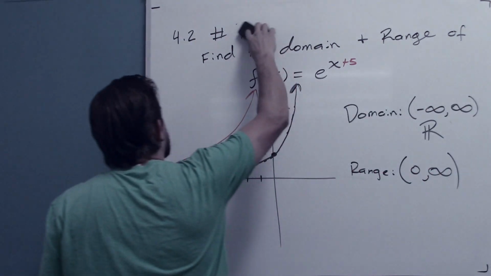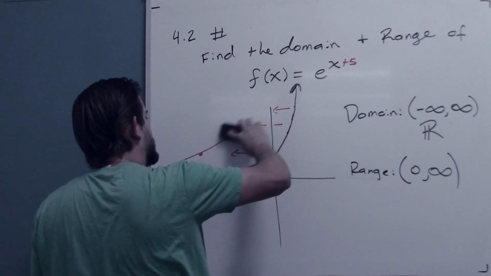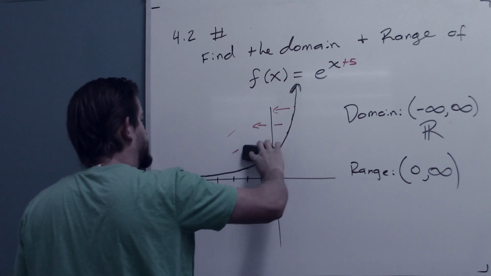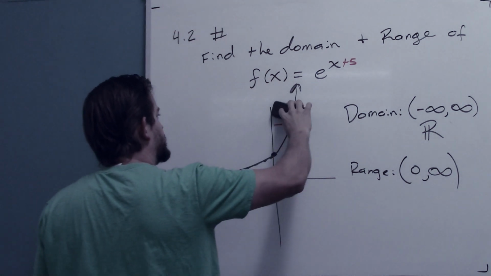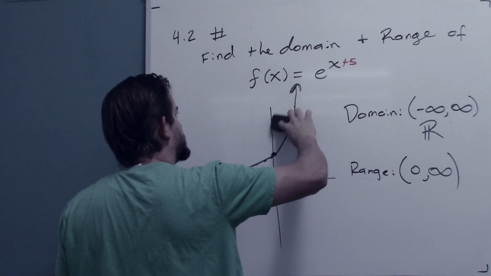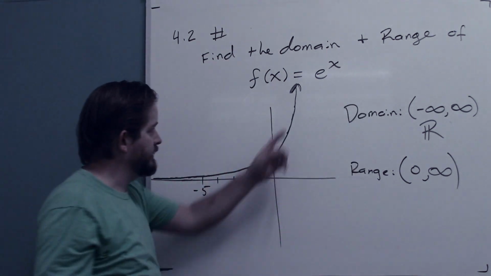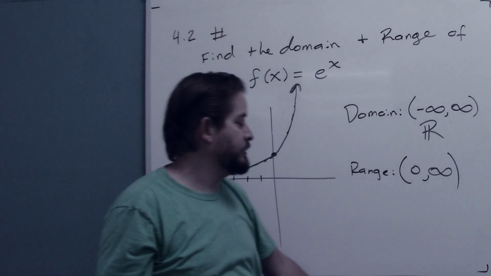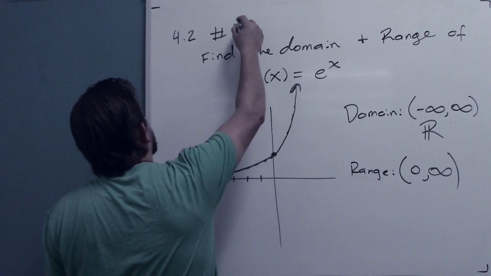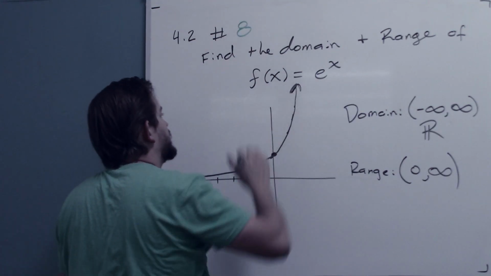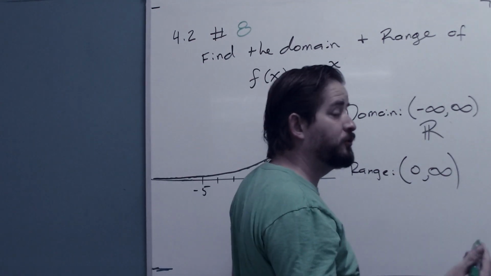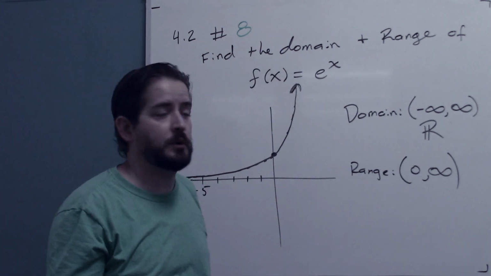Well, let's back up just a little bit. Recall the graph for number 6 when we just had e to the x. And let's take a look at number 8, whose function is now e to the x minus 4, but that minus 4 is not in the exponent.